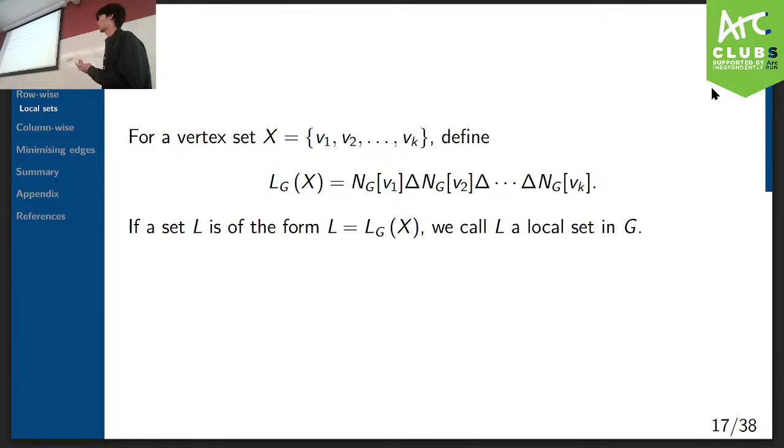If you have many closed neighborhoods in there, taking the symmetric difference means you take the values which are in exactly one of the sets, but not both. If this definition doesn't make sense, I'll go through an example in the next slide. We call a set local if it's a potential output of this function, that is, if it can be formed by the symmetric difference of some closed neighborhoods.